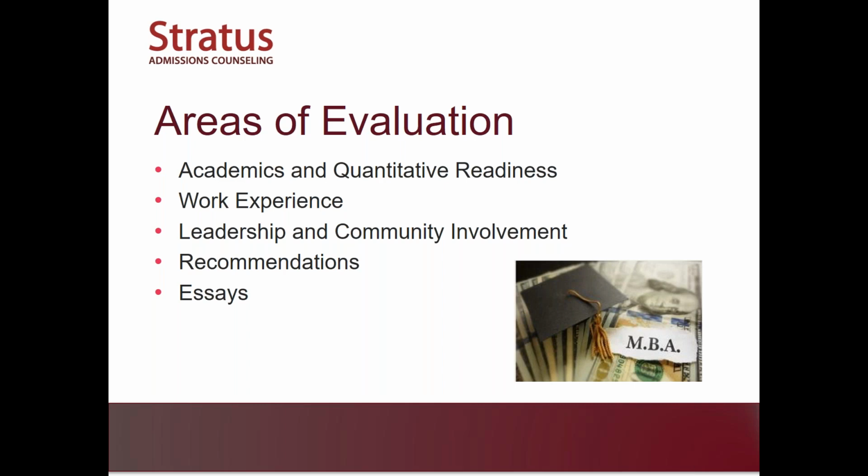If you keep in mind, there's way more applicants each year, and so they use this as an evaluation. You could think about it that on each one of these, an admissions committee is going to give you a 1 through a 5 or an A through an F. And very few candidates are going to get straight A's.